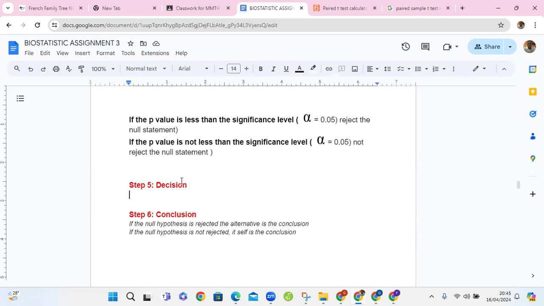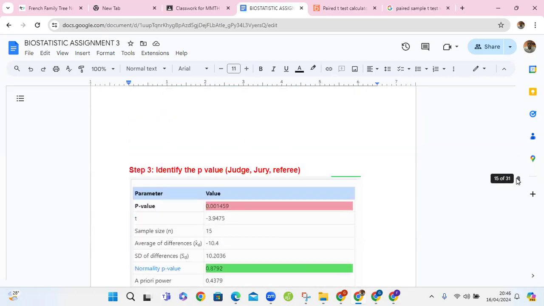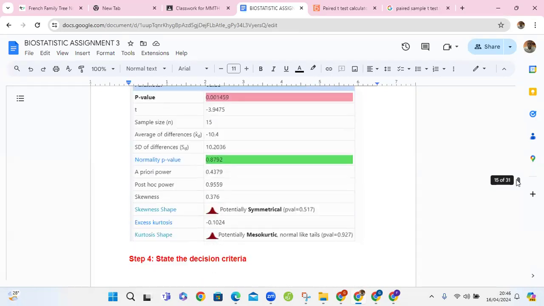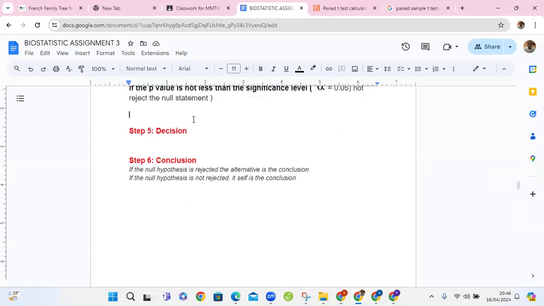So therefore now our p-value, which is 0.001459, is less than the significance level.